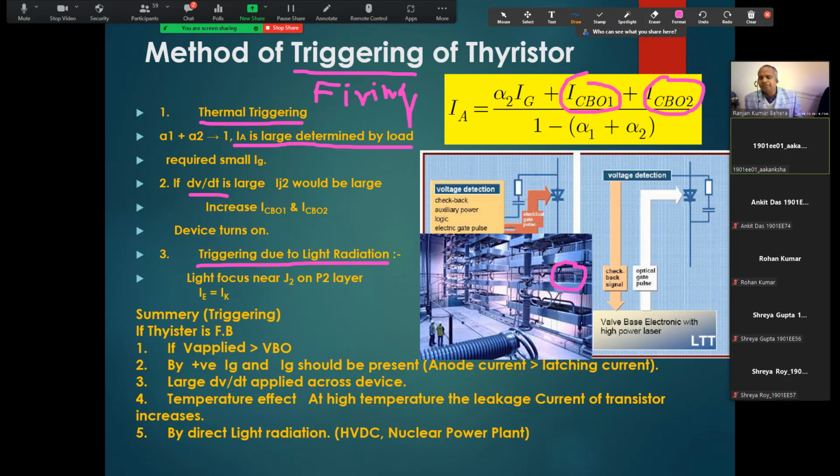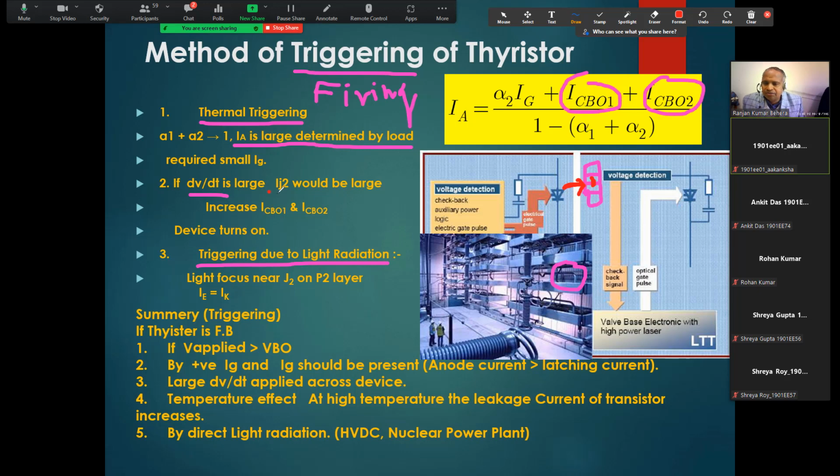Okay, the dV by dt triggering method, and IJ2. I have already told you we have 4 junctions: junction 1, 2, 3, 4. At this junction J2, there is the leakage current, which will flow from here to here.